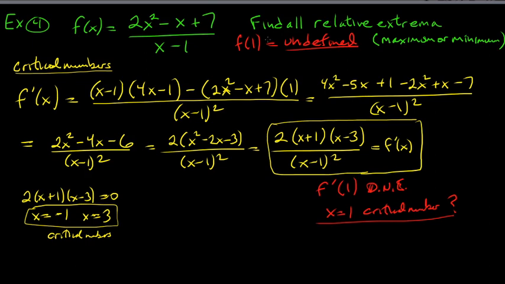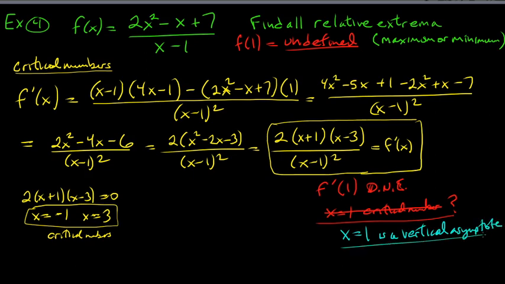So in other words, there is no point on the graph corresponding to x equals 1. So for that matter, it cannot be a critical number. However, it is a vertical asymptote, right? So x equals 1 is a vertical asymptote. It is a point of discontinuity.